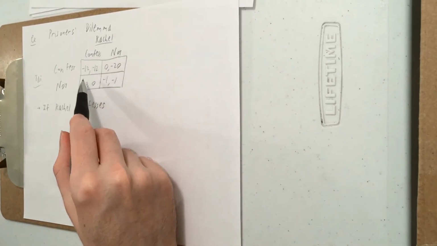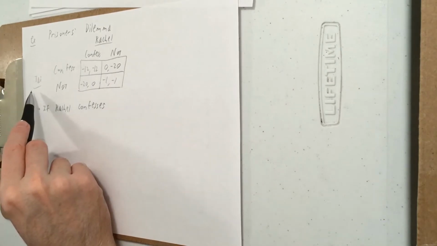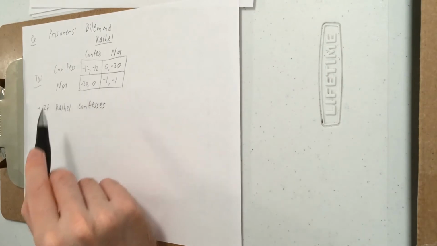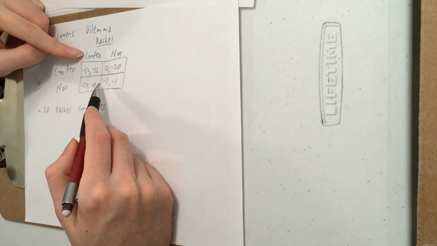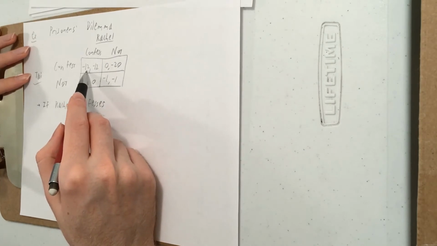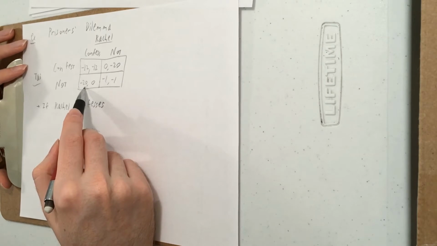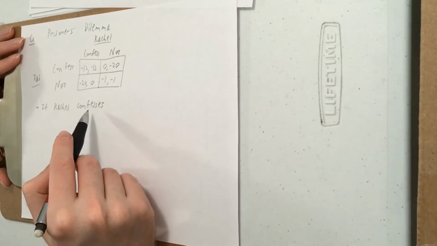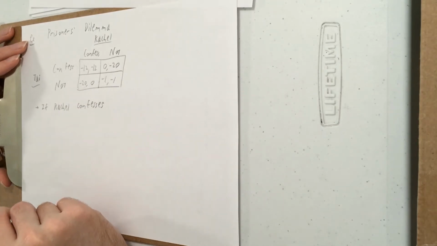Well, Ty is our row player, so Ty's payoffs always come first. So Ty looks at these first numbers here. If Rachel's confessing and Ty also confesses, he's getting minus 12. If he plays not confess, he gets minus 20. That's worse. So if Rachel confesses, Ty is better off confessing.